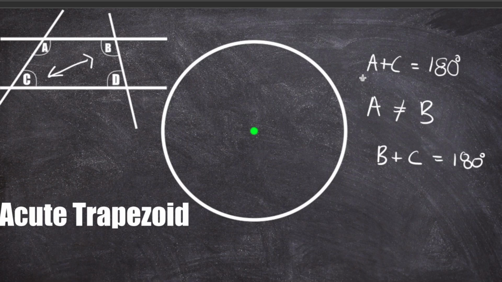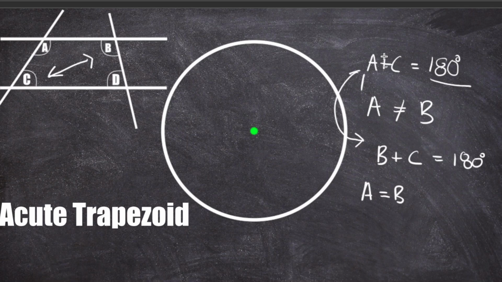But if you add A to C, it results in 180 degrees, and if you add B to C, it results in 180 degrees, which means that A must be equal to B. But we already showed that A cannot be equal to B because this shape isn't symmetrical.